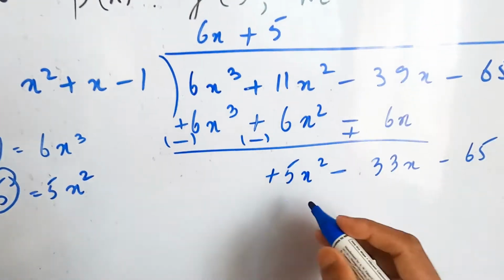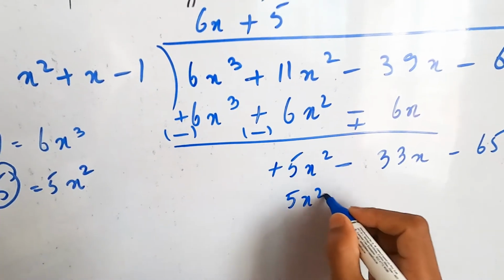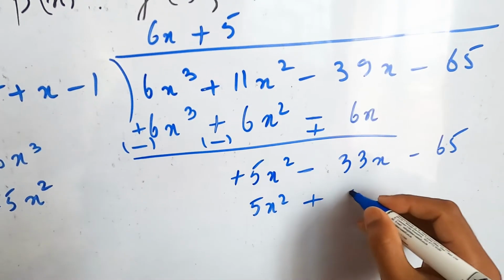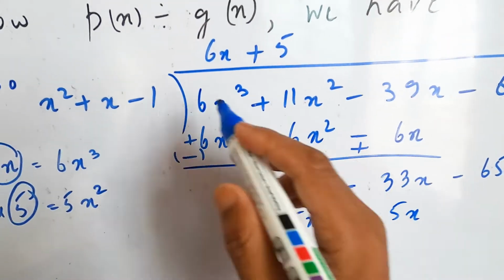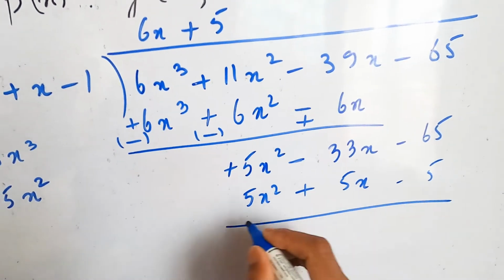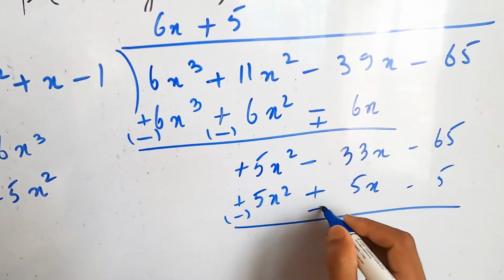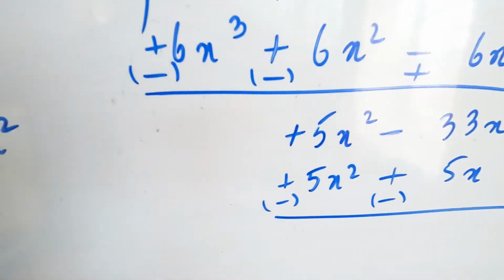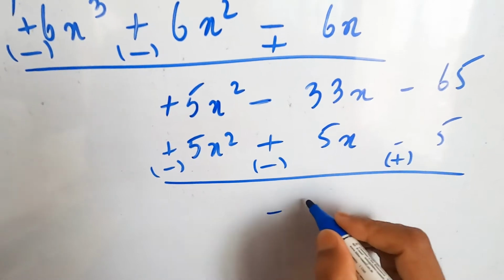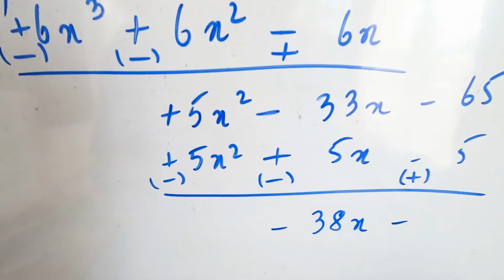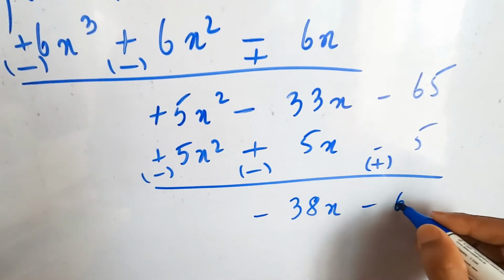So x square into 5 will be 5x square, minus x into 5 will be plus 5x, and minus 1 into 5 will be minus 5. So this will be minus, this will be minus, this will be plus. So in this case, the remainder will be minus 38x minus 60.